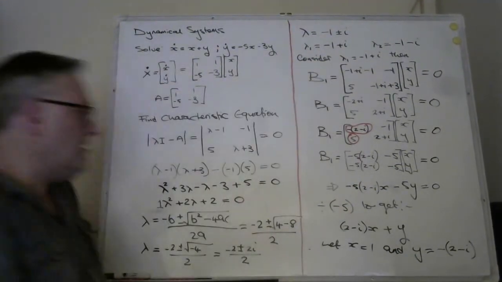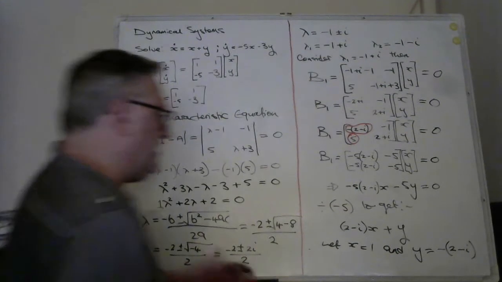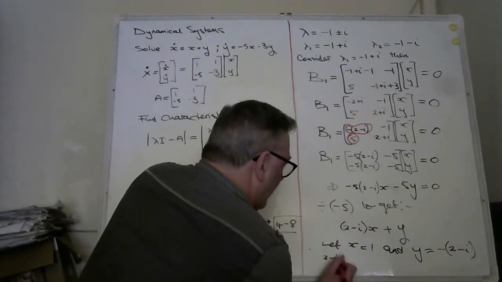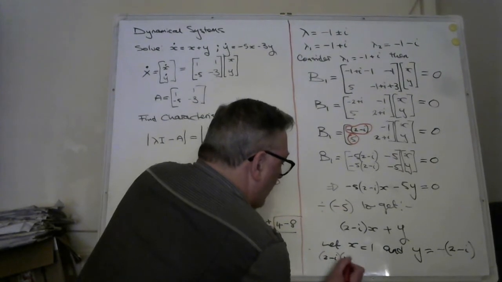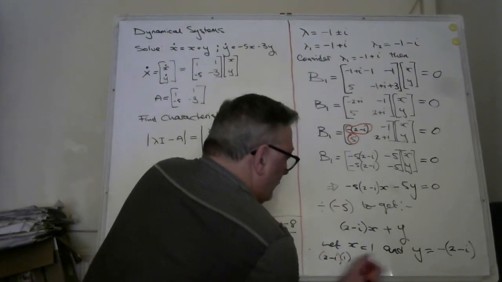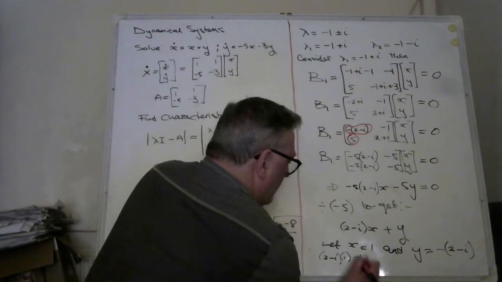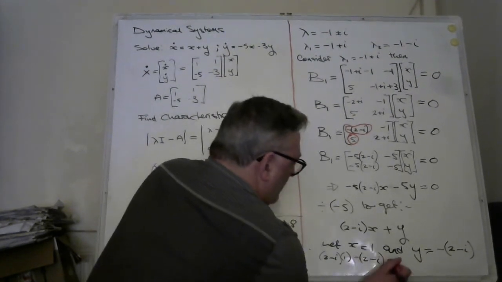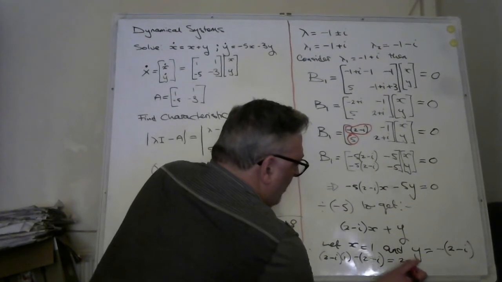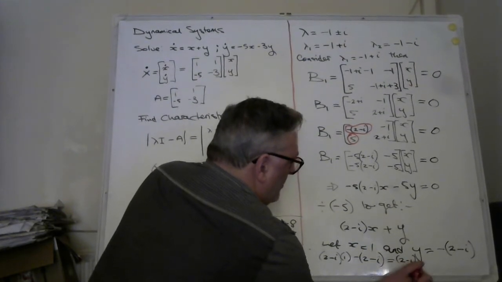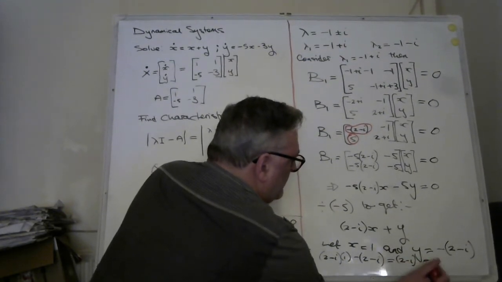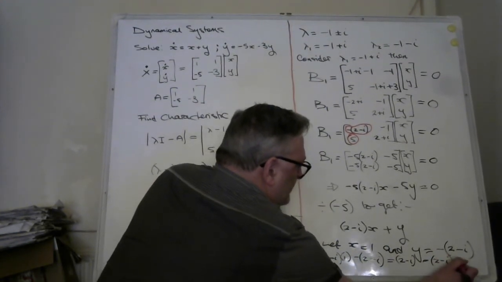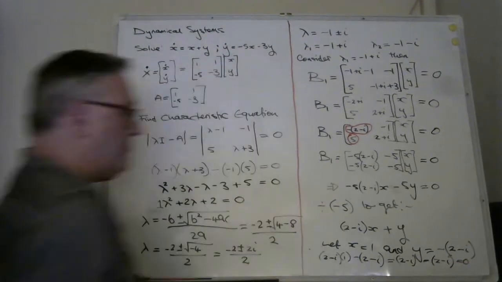Right? Because when we substitute x equals 1 back into this, (2 minus i) times 1, and we substitute the minus (2 minus i) into that, then what we get is (2 minus i) minus (2 minus i), which is equal to 0.